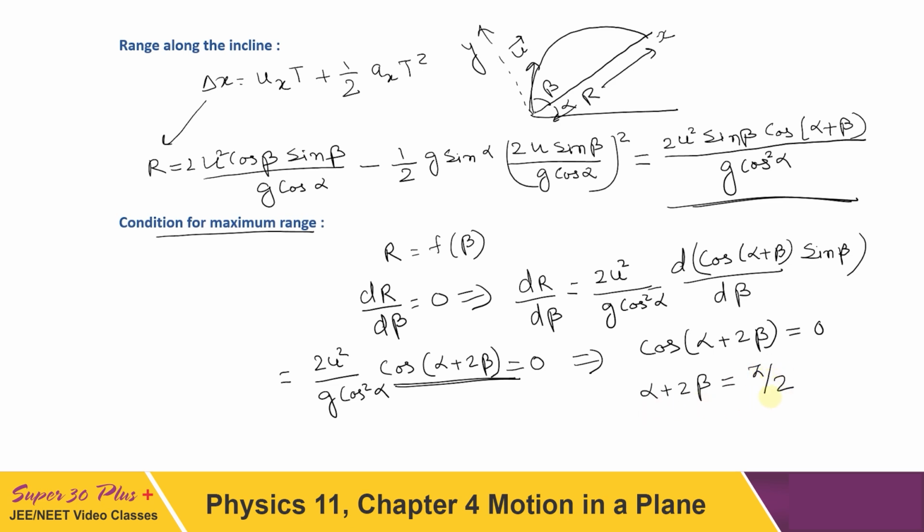From here we got beta is equal to pi by 4 minus alpha by 2. So this is the condition required if range along the x-axis has to be maximum. Directly it can be remembered and used whenever required.